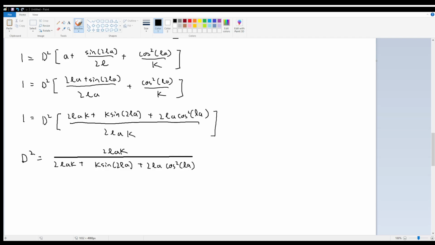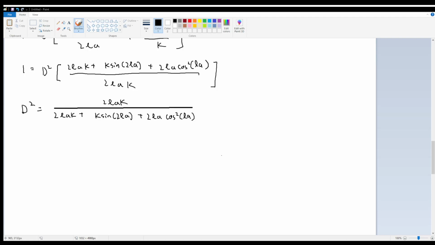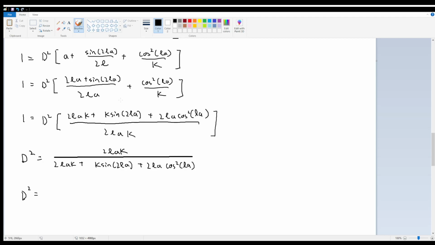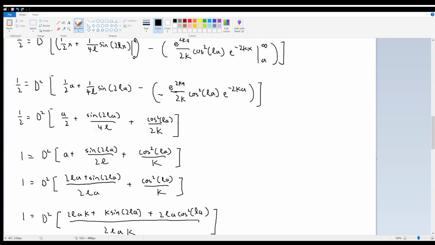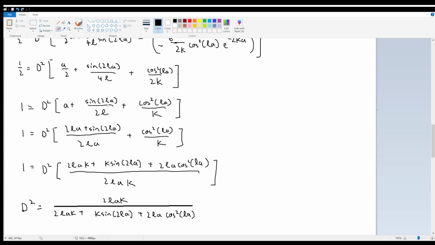And at this point, we can make this a little bit nicer by dividing everything by 2lak. So d squared is actually going to equal... Did I do something wrong? Yes, I did do something wrong here.